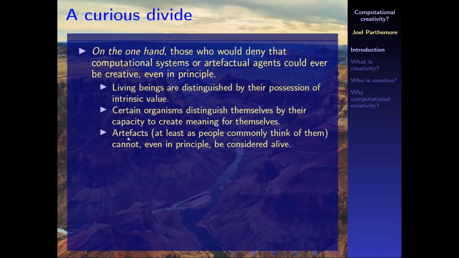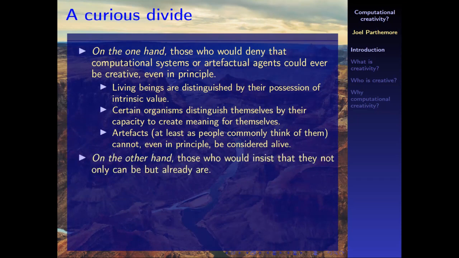Although I think Zlatev really wants to rule out the possibility of artifactual agents being creative at any conceivable point in the future. And there I think he's just wrong. So that's the one hand. And on the other hand, you have those who would insist that not only can creative computational systems be found today, but they already exist.